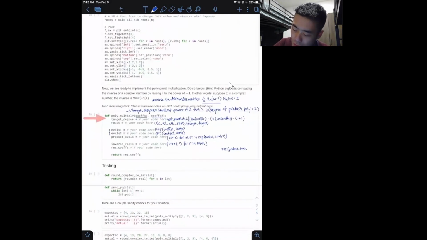Okay, and I want to evaluate those product evals at the inverse roots. Okay, so that is the inverse FFT. That is equivalent to multiplying by the inverse Vandermonde matrix, okay? With just one more tweak, and that's this.